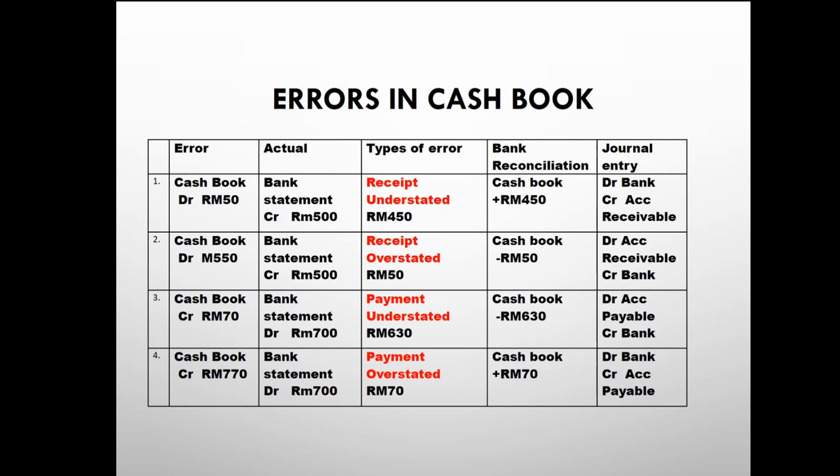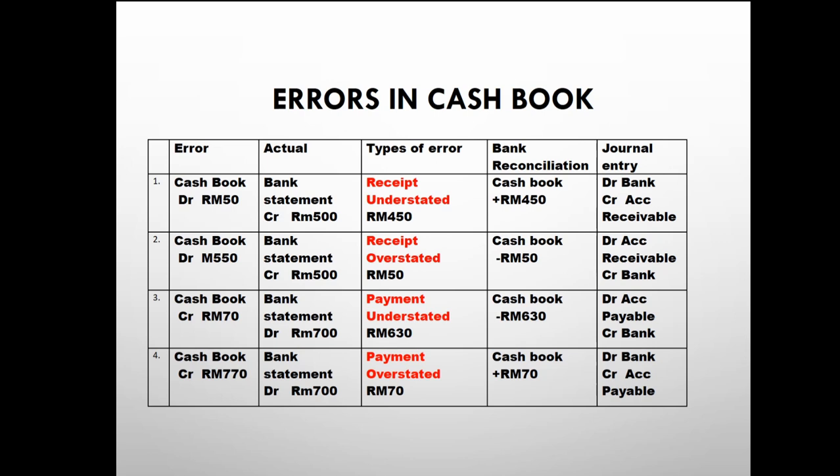The third one, the actual amount in the bank statement is debit RM700. But in the cash book, we just recorded a credit, or payment, of RM70. This one we call payment understated. What we should do is make a bank reconciliation by reducing the cash book amount by RM630.